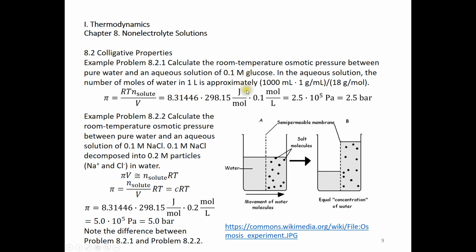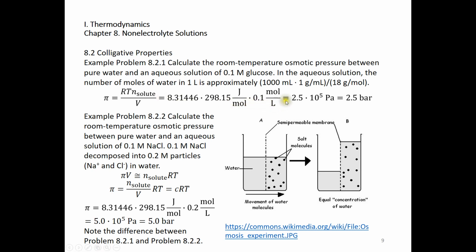0.1 molar is 0.1 mole per liter, so we cancel mole and mole. Joule and L, actually they do not simply cancel. 1 joule over 1 L, I think, is 1,000 pascals, because 1 liter is 10 to the power of -3 cubic meters.